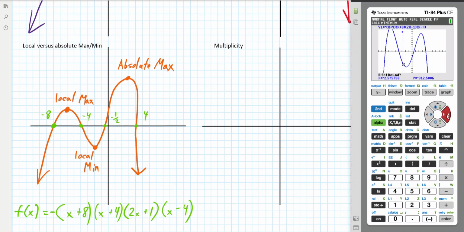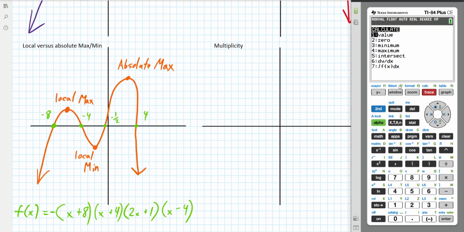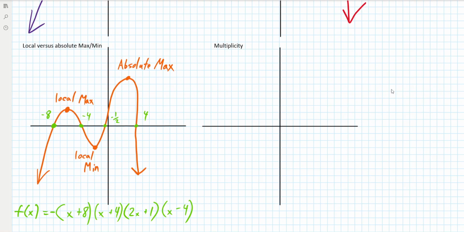So this is left boundary, right boundary, enter, and so now we have a minimum point here. So you can also find minimum, maximum, all using that functionality. So that's second function calc, and that's where most of this stuff is. Most of the stuff that you're doing will be in that sort of category.